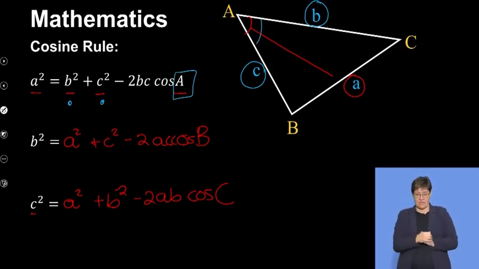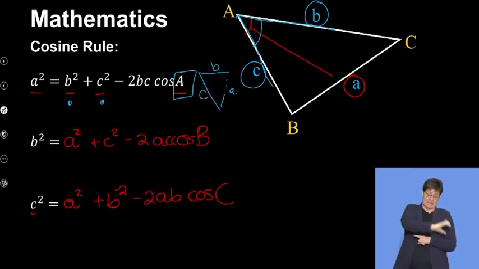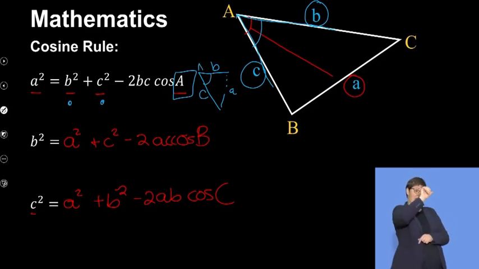If you look carefully, we're looking for information in a V pattern. So, our V pattern looks like this. Because we're finding side A, we need to be given B, C, and the angle in between, which is angle A.